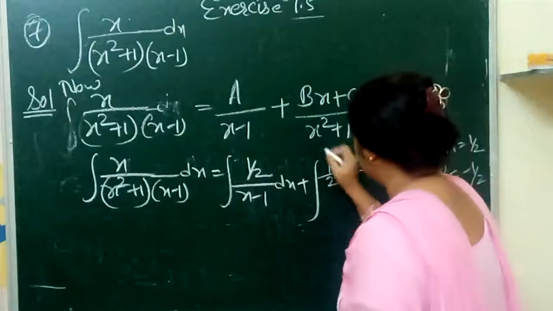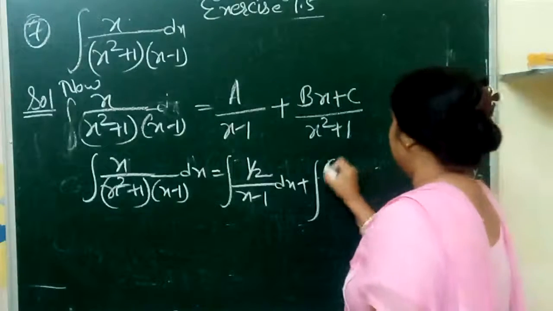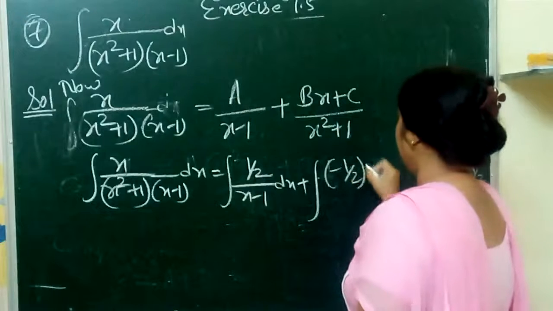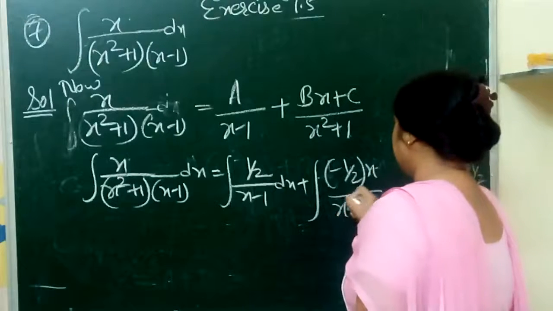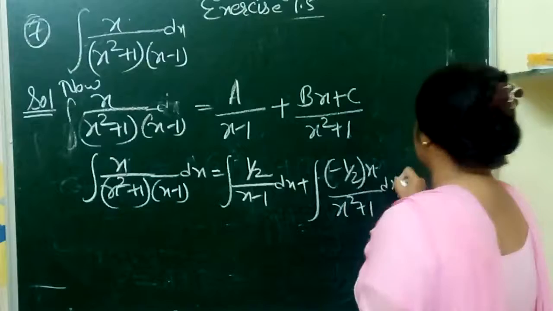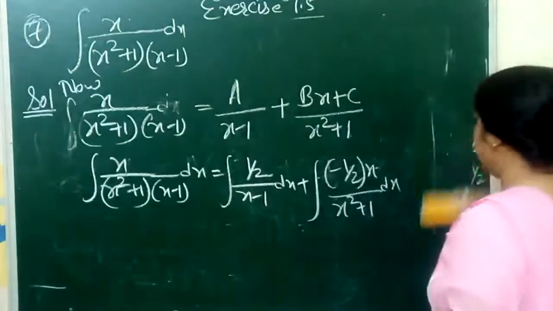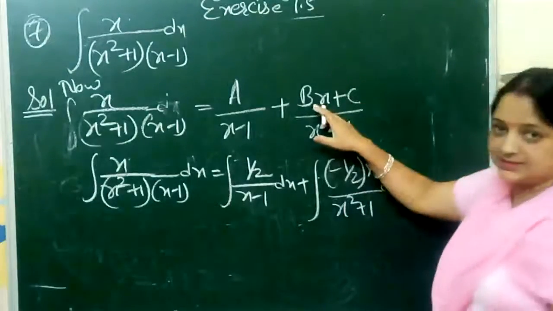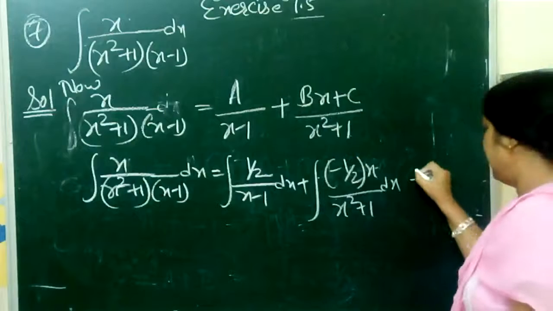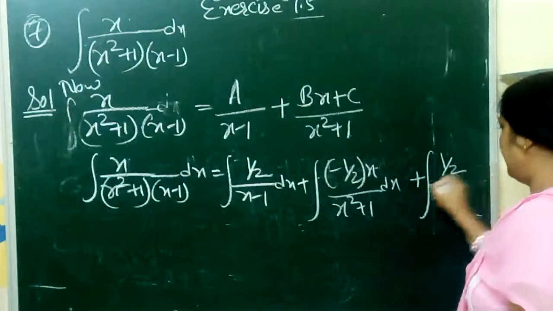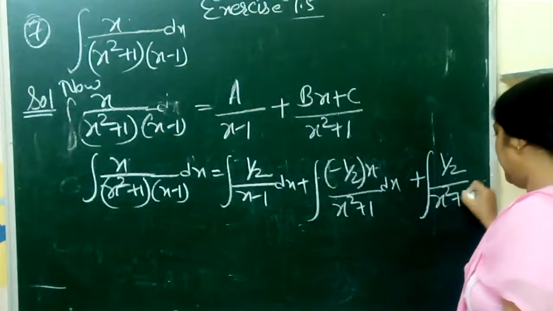The value of b is minus half, so minus half into x upon x square plus 1 dx, and the value of c is half. We will separate this term, plus half, integration of half upon x square plus 1 into dx.